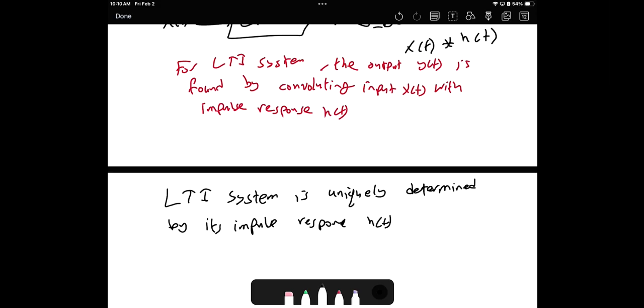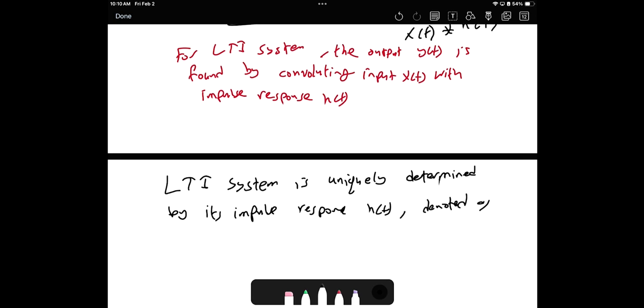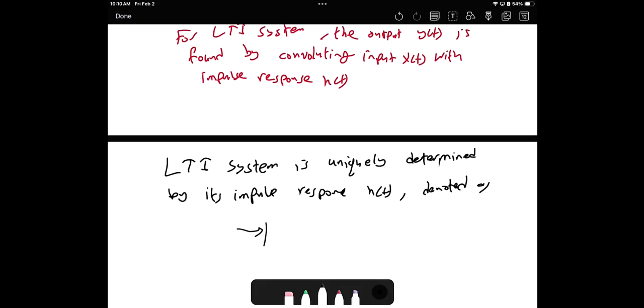It is h of t. So it can be denoted as h of t such that it is x of t.